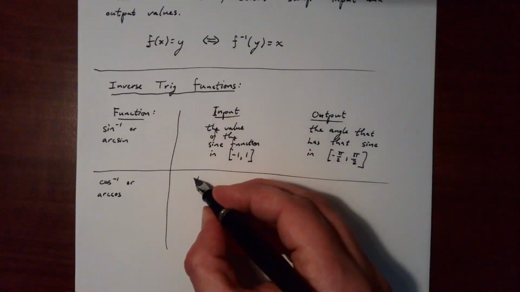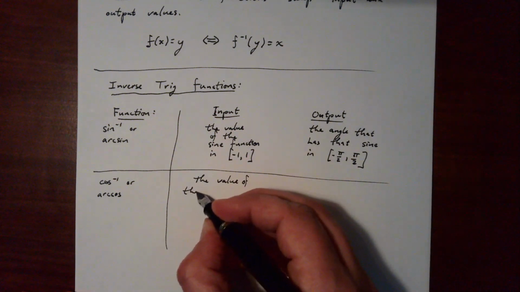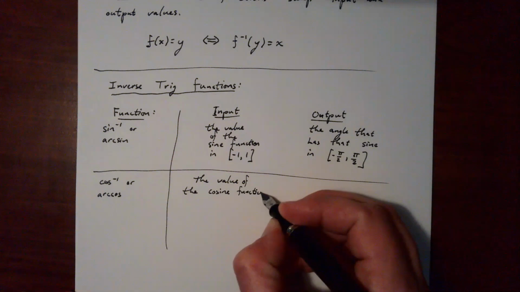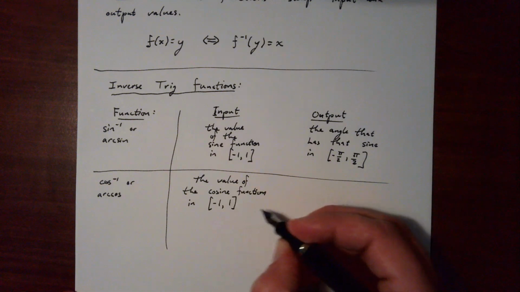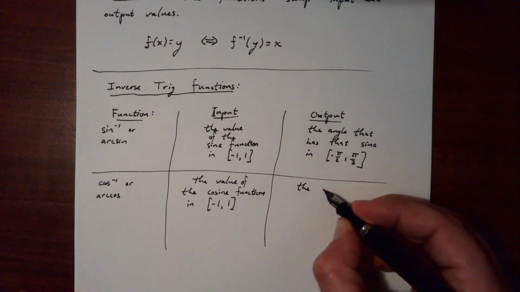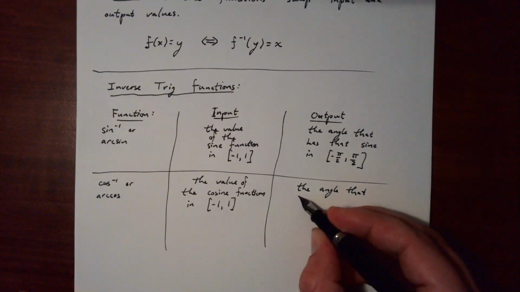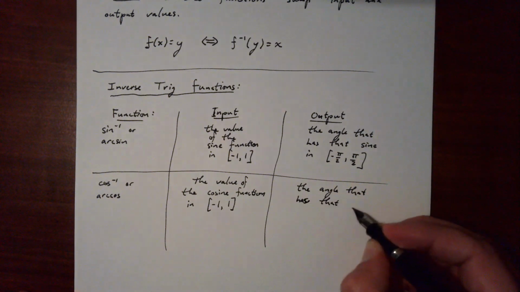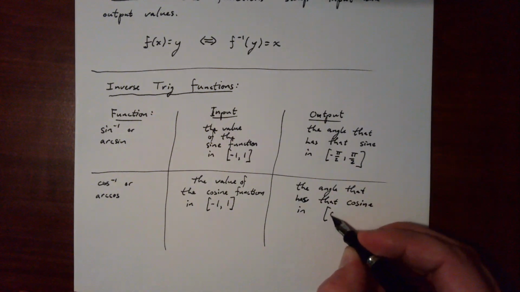So the input will be the value of the cosine function, that's going to be again in -1 to 1, all the possible things that cosine might equal, and the output will be the angle that has that cosine, and that's going to be in here now 0 to pi.